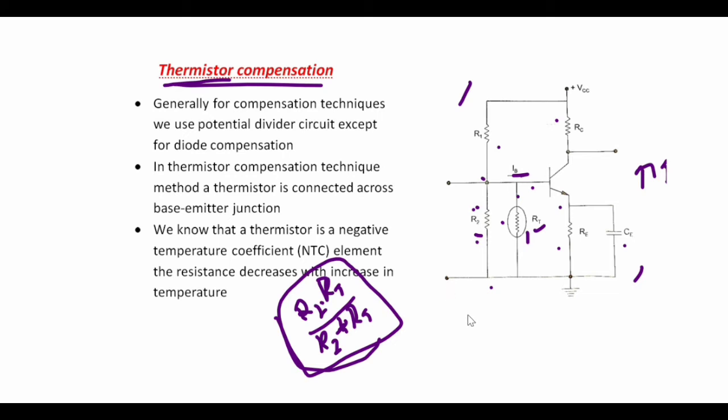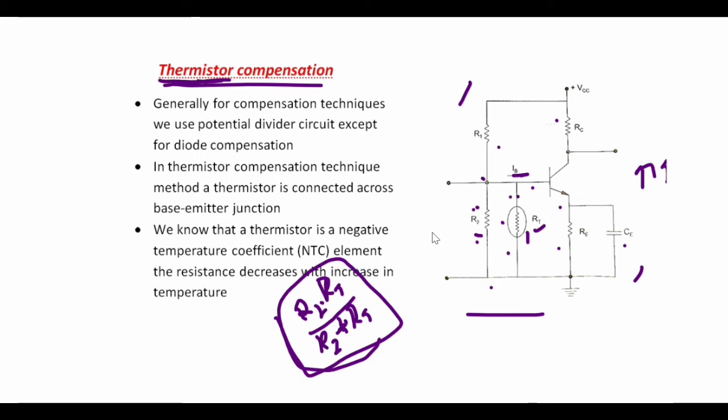In this context, the base current is decreasing in a strategic manner as the collector current is increasing. Likewise, the thermistor is compensating the increasing current through the collector. So this is called thermistor compensation.